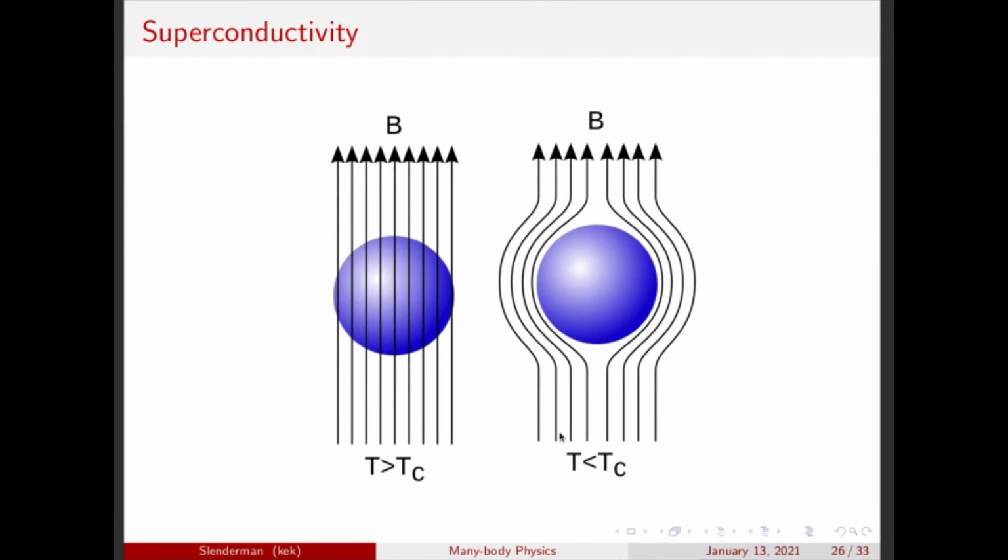And what happens here is that when the material becomes superconducting, the photons in the material actually dynamically generate a mass. So the photons inside the solid are massive. Since photons don't like to have mass, they just avoid going into the solid in the first place. So they go around the solid. I can't talk about why this is due to time constraints, but I will refer you to Altland and Simons, Chapter 6.